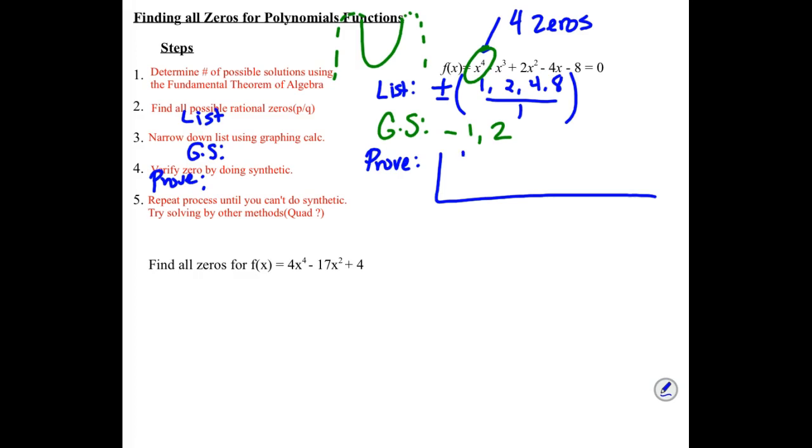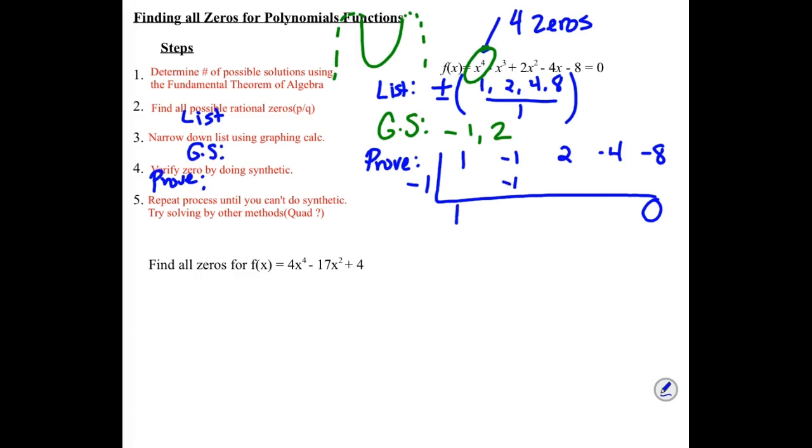My coefficients are 1. Help me out. Is that a -1? 2, -4, -8? Okay. I'm going to go ahead and start with the -1. And my goal is to have 0 here, right? We don't want a remainder. If -1 is truly a 0, I should have 0 remainder.